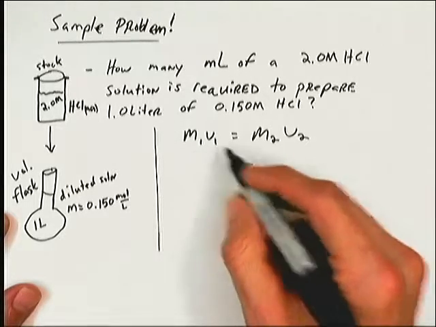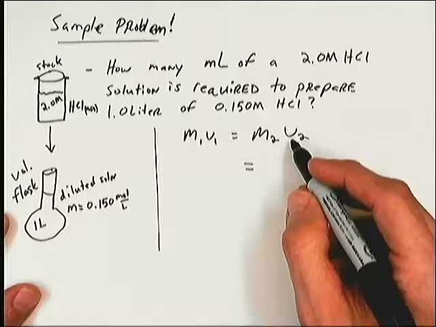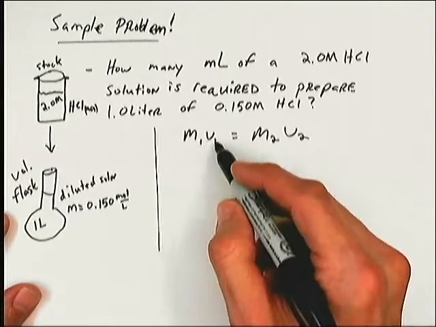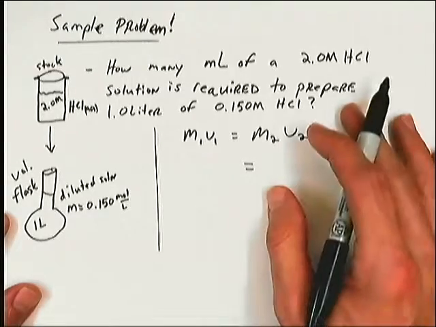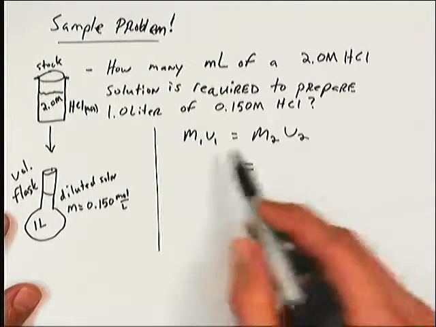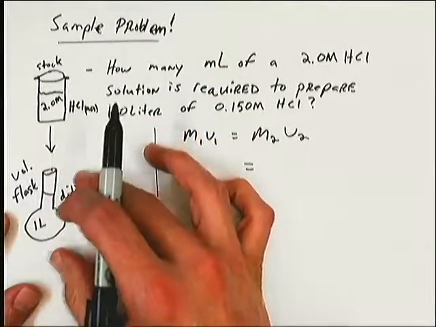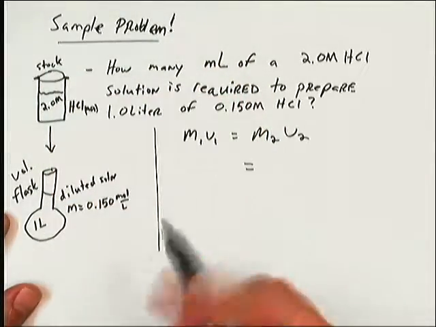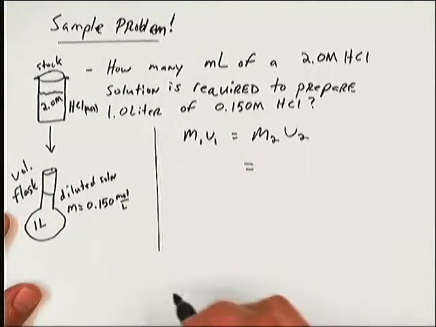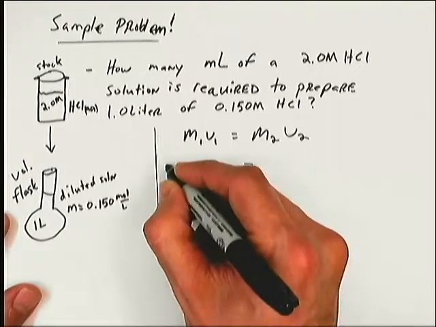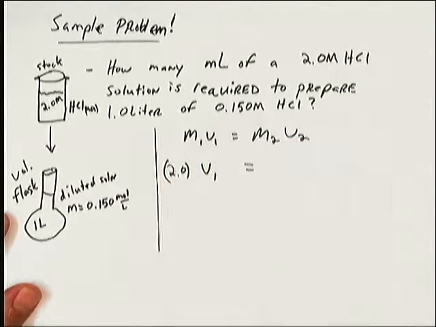I've got M1V1 equals M2V2, where the M's are the molarities and the V's are the volumes. Sometimes you see M stock, V stock, M dilution, V dilution. If you want to use that form of the equation, that's fine. I just reduced it to numbers, but of course what we're talking about with 1s and 2s here are different solutions, whether it be the diluted solution or the stock solution. So I'll pretend that the stock is my 1s here. My stock solution is 2 molar, and I need some volume of it, V1.